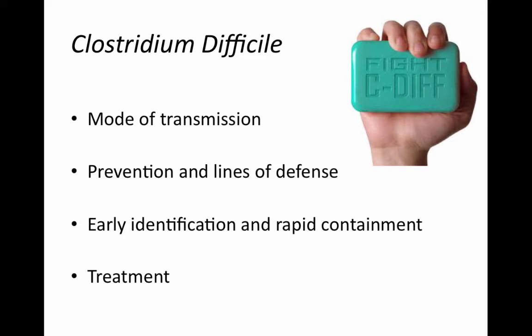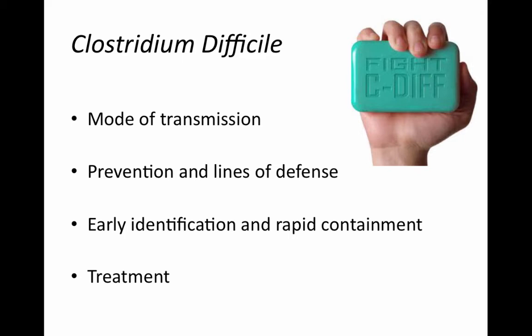The next pathogen that we would talk about is Clostridium difficile. Its mode of transmission is, of course, by fecal-oral route. So very similar to the norovirus or viral gastroenteritis. Is the same thing. However, we also need to consider that you don't even need to have person-to-person contact or contaminated surfaces to have C. diff.